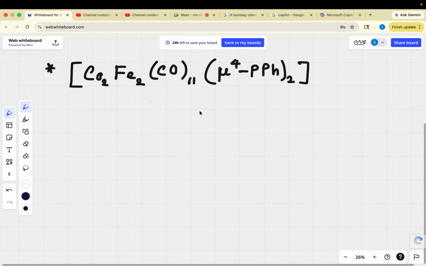Find the number of metal-metal bonds, and per metal atom how many bonds you are getting. So what is the formula you have? 18n minus total valence electron, divided by 2. So do it.